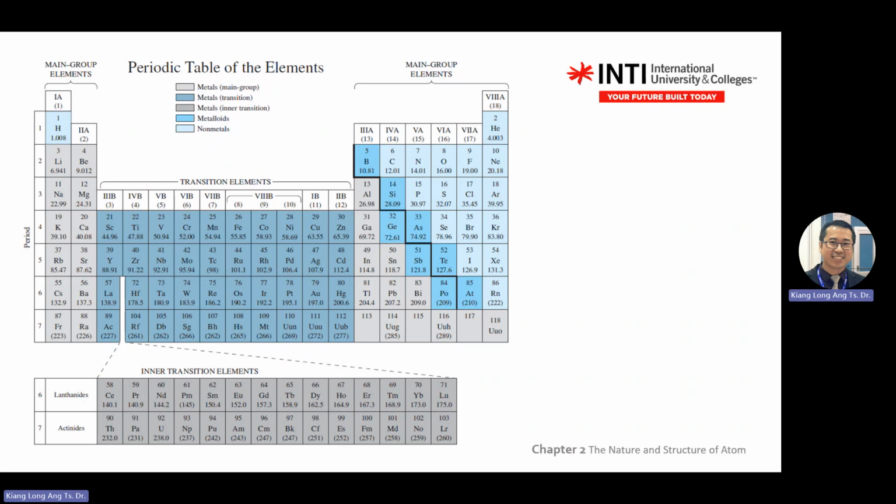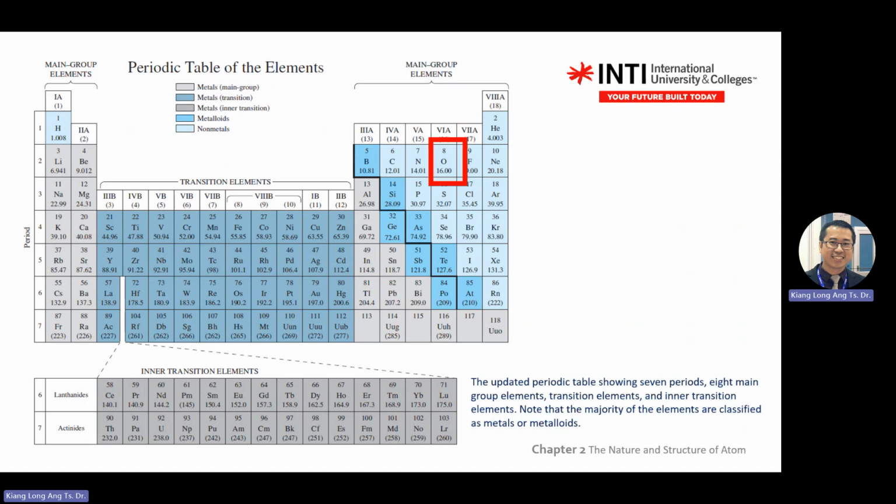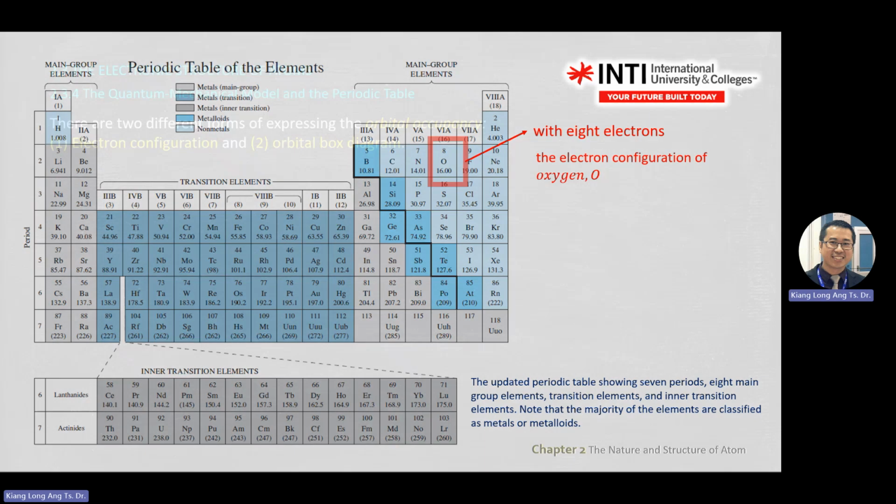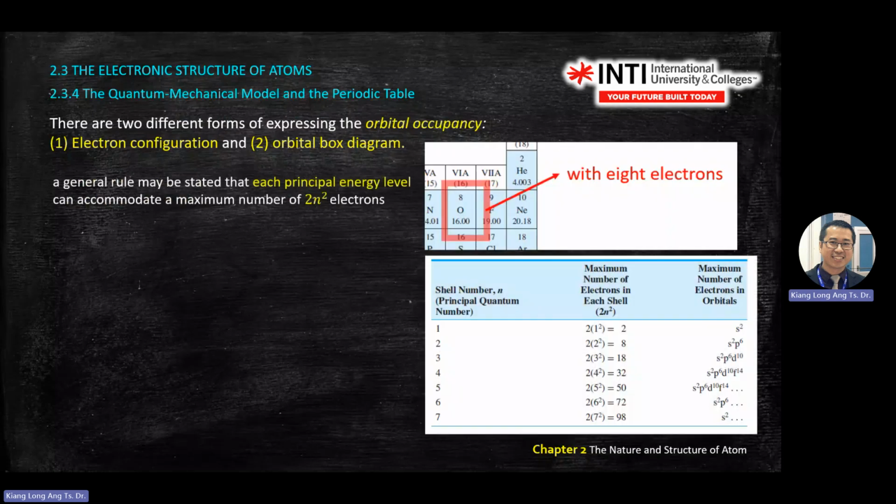From the periodic table, oxygen is over here, so number 8 is the number of electrons it has. How do you write its electron configuration? We want to find how to park these 8 electrons.